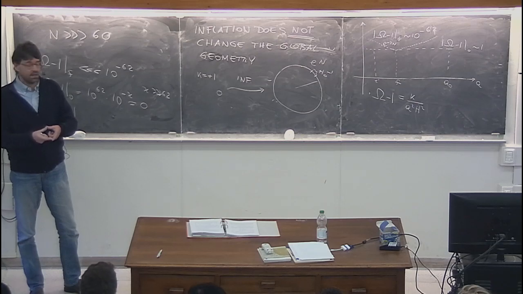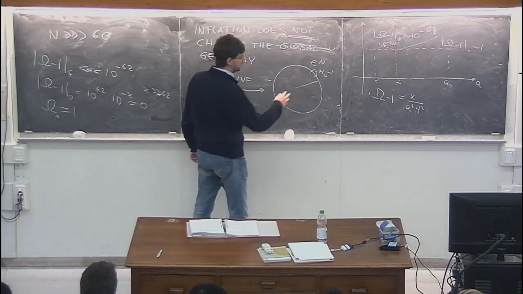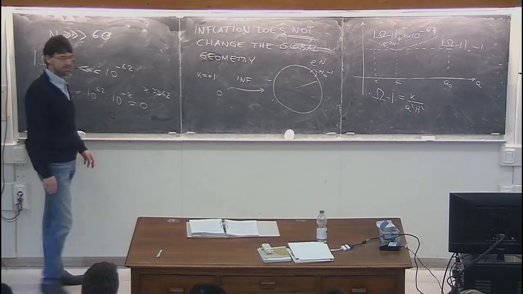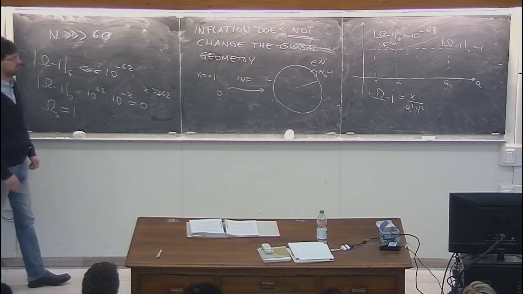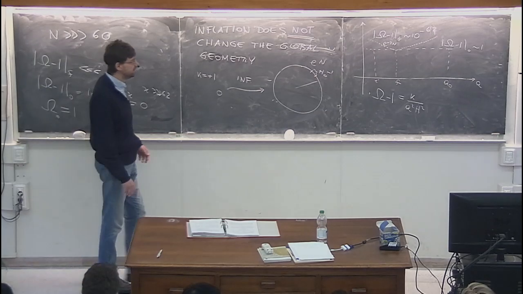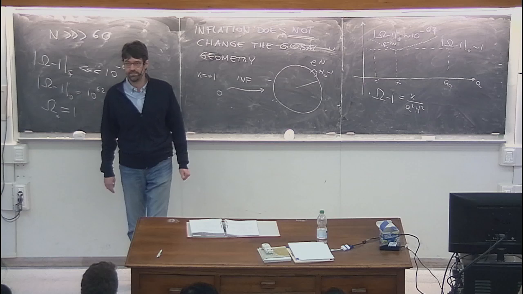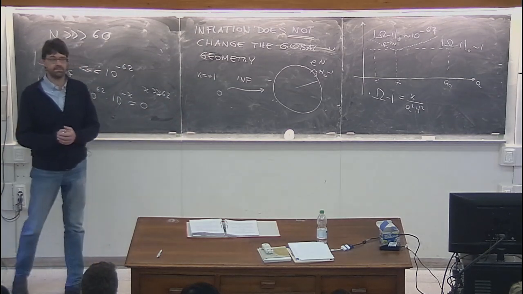Correct? So locally, inflation is predicting a geometry which is flat. But the global geometry is not changed. If you start from a hyperboloid or an open universe, still open it will be. But locally, it will always be flat. Okay? Is that clear, this point?